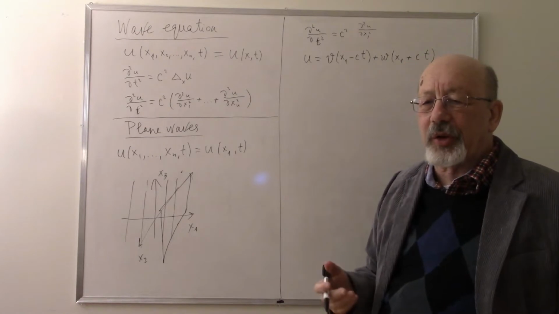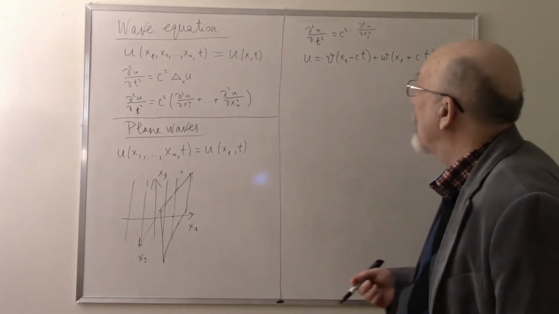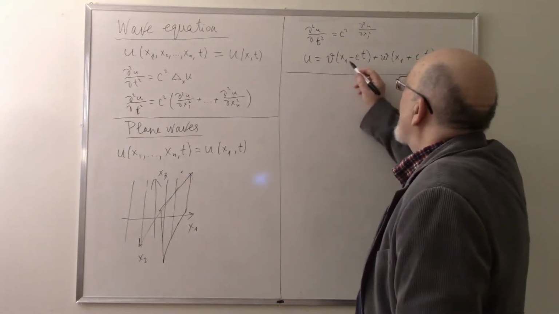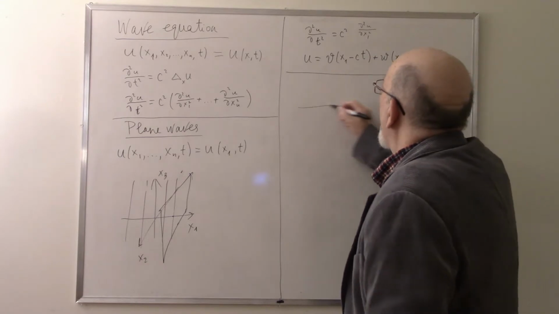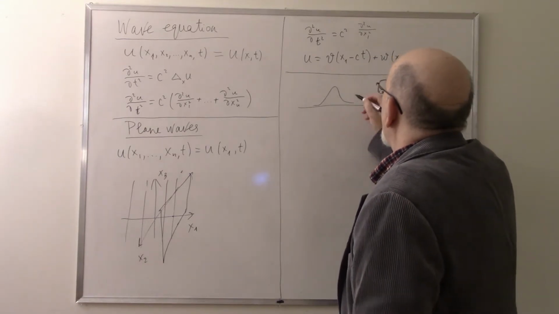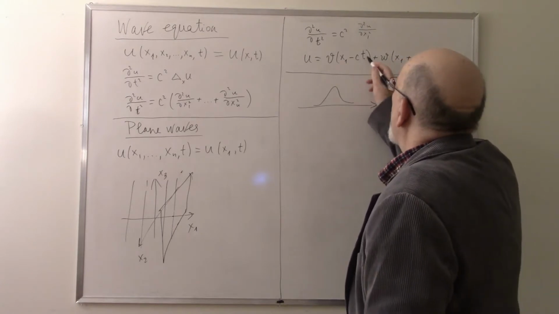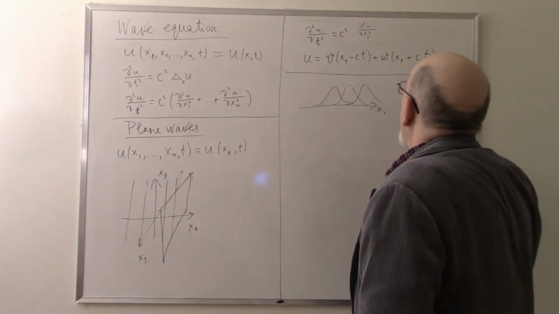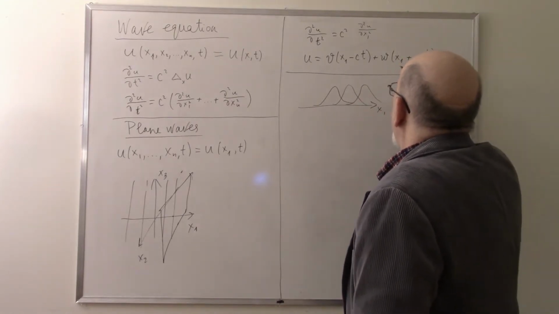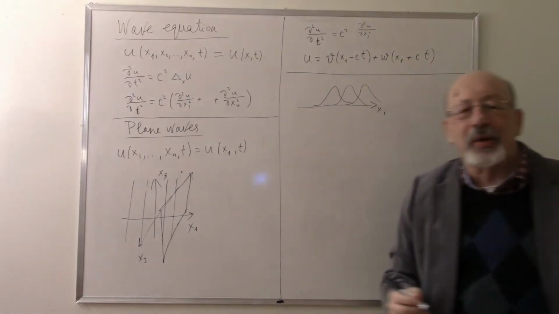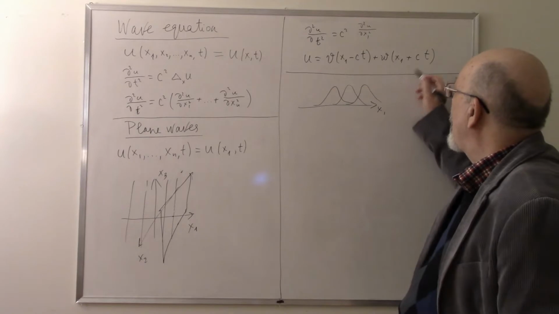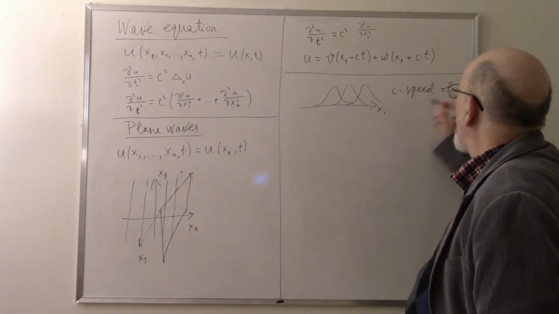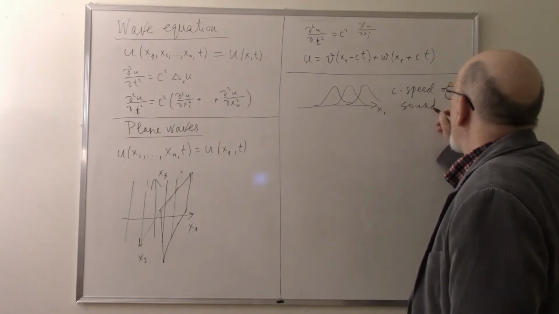So we have this solution, and we see that this function v propagates along the x1 axis with speed c, without changing the shape. And w propagates with the same speed in opposite direction. So from here we have the c speed of sound.